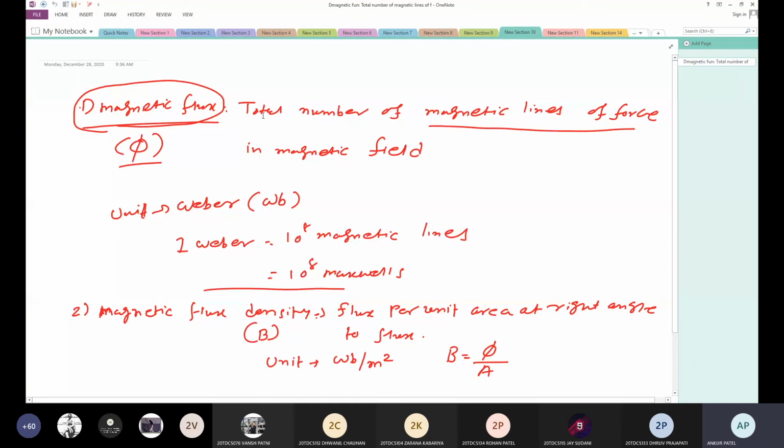In that we will see self induced EMF and mutually induced EMF, and for that we will derive the equations, and we will have some numericals. I will provide you a question bank, so accordingly you can prepare this unit.